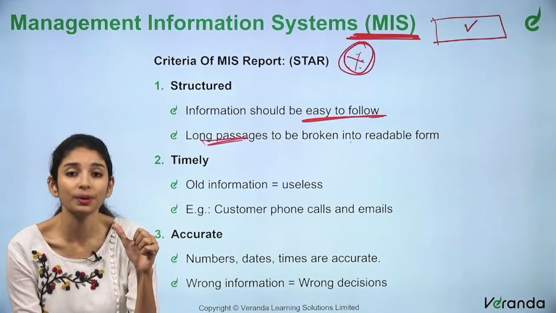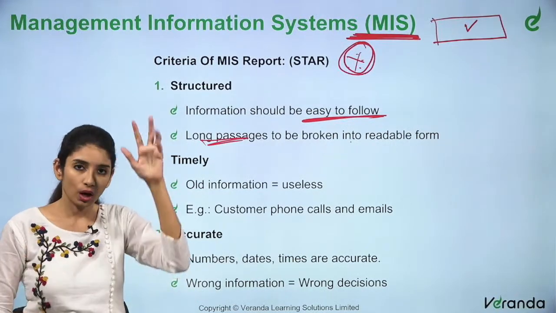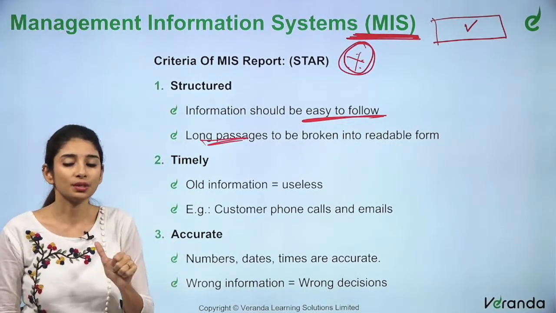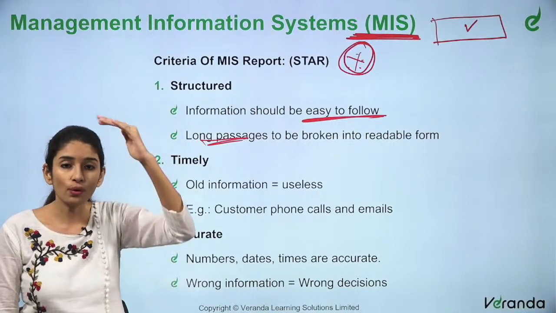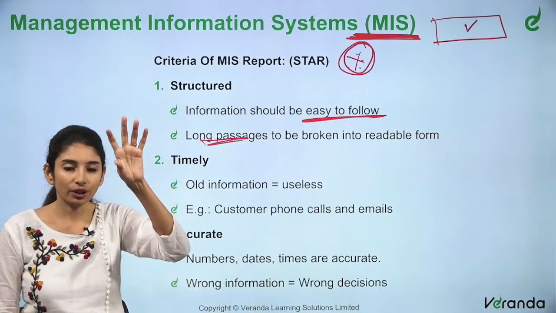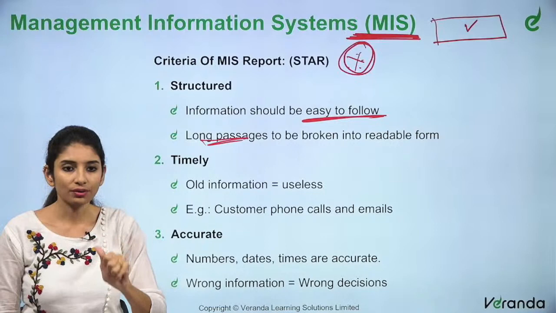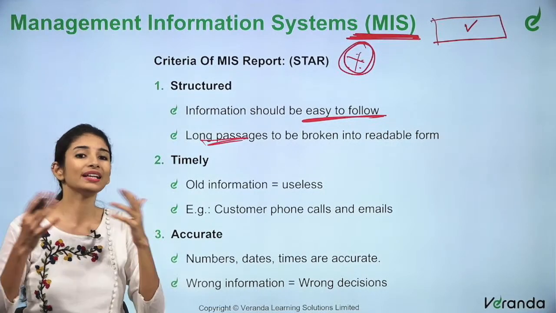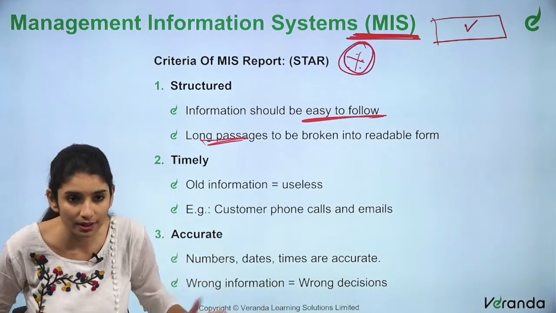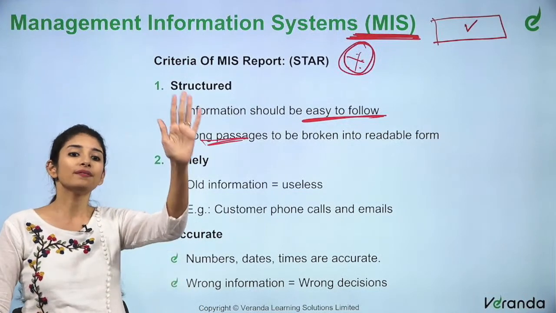Long passages should be broken up into readable form. The structure or the flow of information must be from general to specific. You cannot have a very random or haphazard flow in an MIS report. It needs to be very structured.